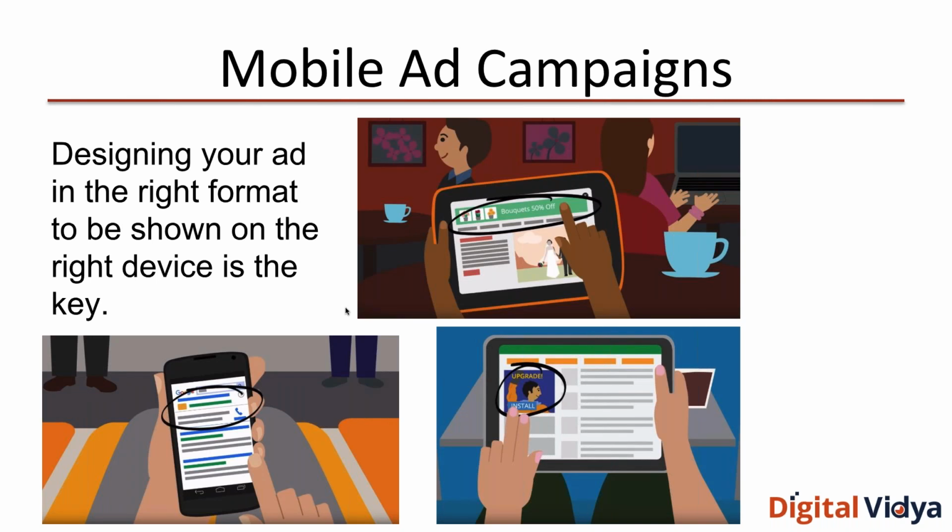So which means when you design your ad as a marketer, you need to understand there are certain formats which are more adaptable and which look better on mobile screens. Remember when we looked at display campaigns, I showed you certain dimensions for mobile display ads, one of the ad formats. So it would be a good idea to have ads which are specifically designed for mobile devices also when you create campaigns for your products and services.